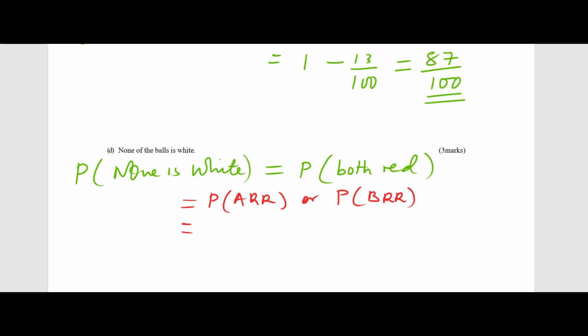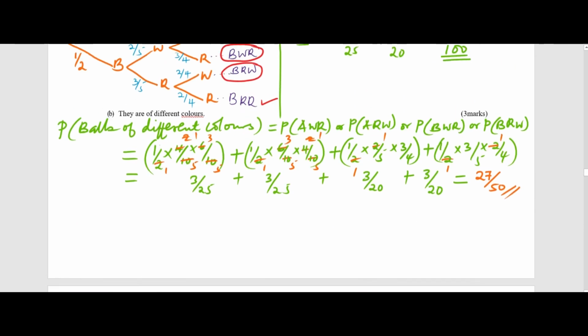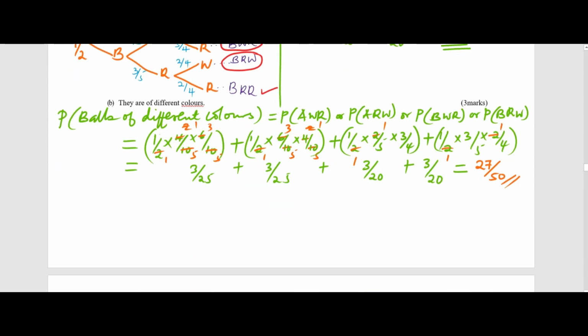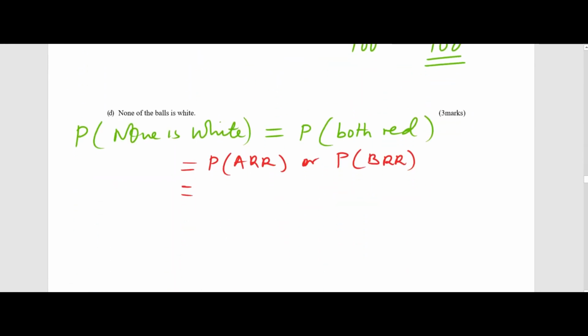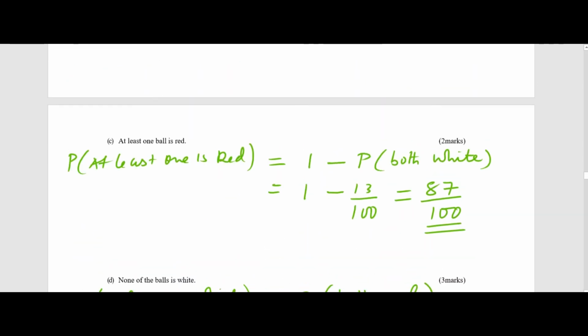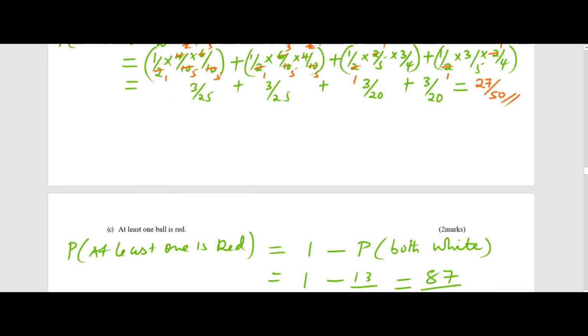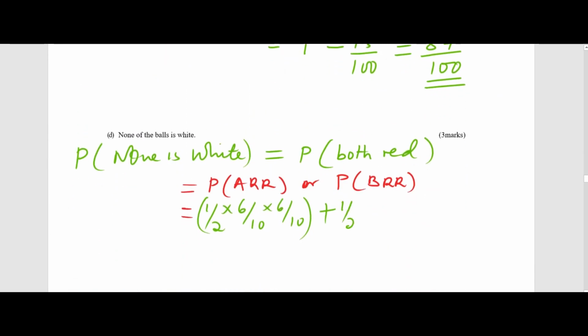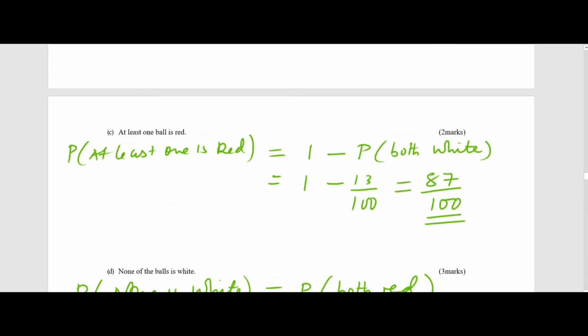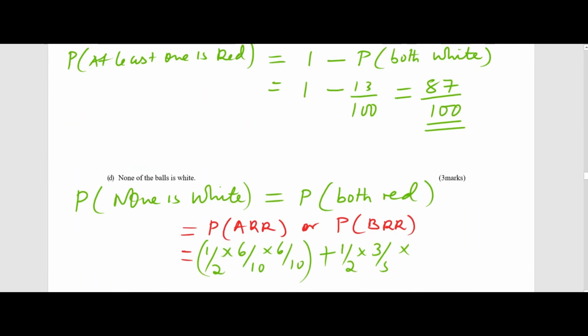Looking at these figures, in bag A, where we have this instance, it will be a half times 6 over 10 times 6 over 10, plus, in bag B, instances where they are red, a half times 3 over 5 times 2 over 4.